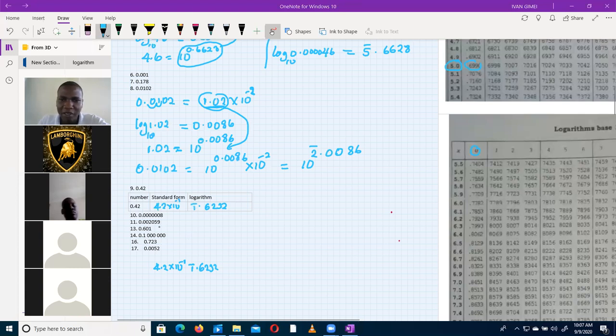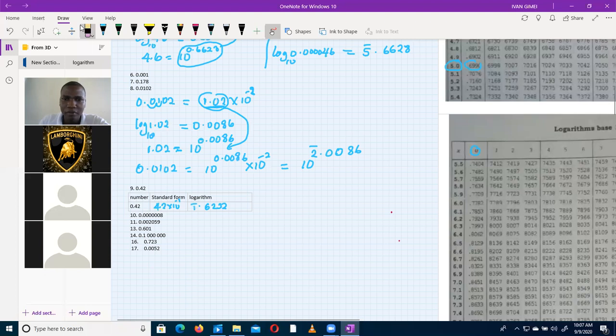The same applies to this other one, 0.88. We can also do it in the same way. This is now the second method that I can use. Instead of writing 10, I just wanted to show you what is going on before I take you to the table.